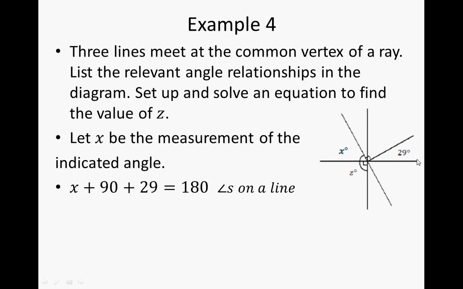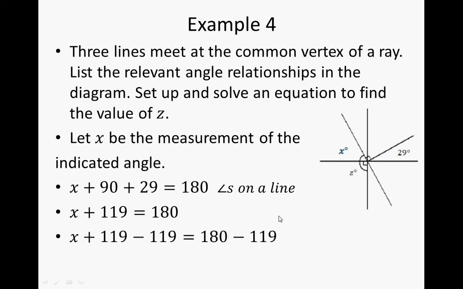Because they are angles on a line, this equals 180 degrees. So x plus 119, because we're adding 90 plus 29, equals 180. Then, isolating x using our properties of equality, x is 61. So x is 61 degrees, and x plus 90 is going to equal z.